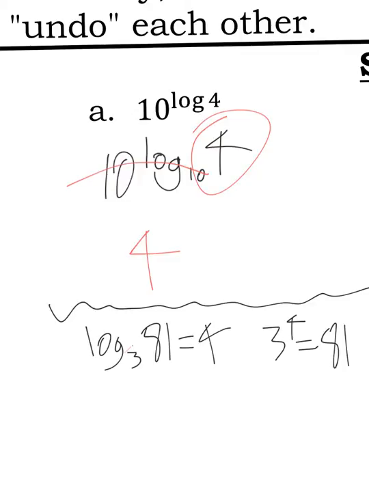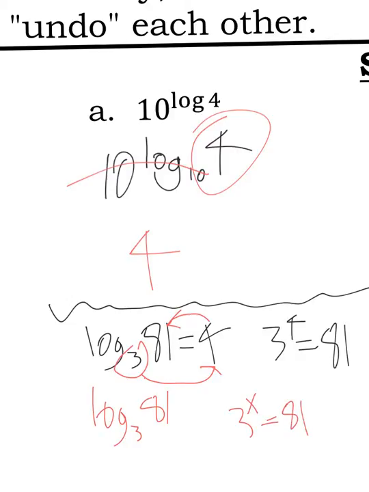If you have log base 3, you'd raise it to the power of 4 and it'd equal 81. So, writing it the other way around in exponential form, 3 to the 4th power is 81. In other words, if you don't have it equal to something, if I just had log base 3 of 81, I'm just trying to think of 3 to what power equals 81. That's what I'm trying to figure out.